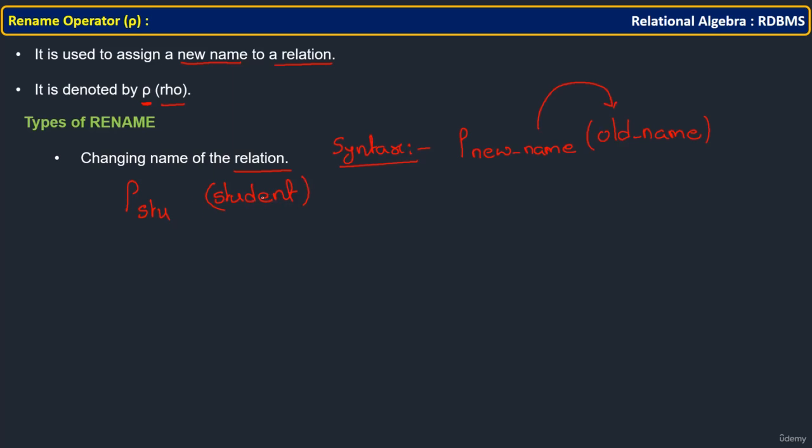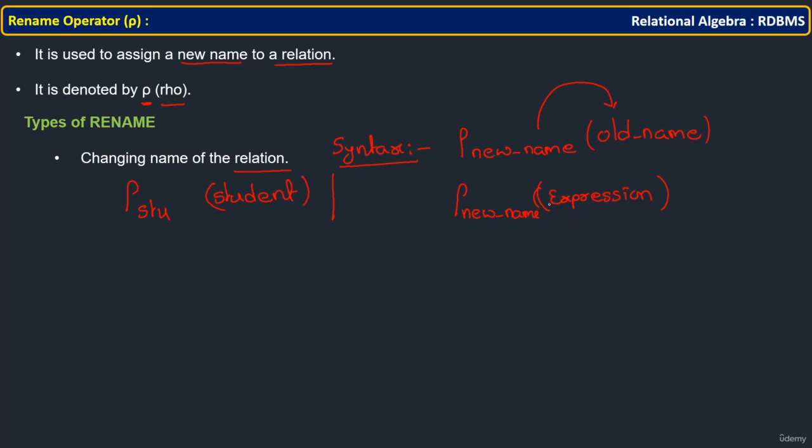Sometimes this may not be a direct relation. Sometimes you may have an expression. You may have a big query and finally you are getting some result, and for that result you want to give a new name. In the previous discussion, we saw different joins, selections, projections.